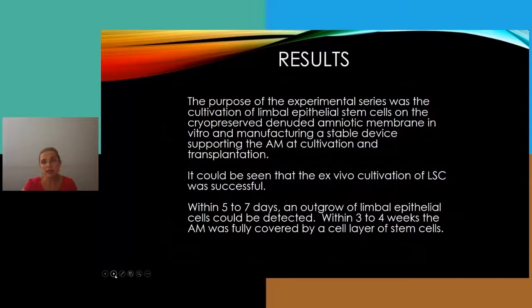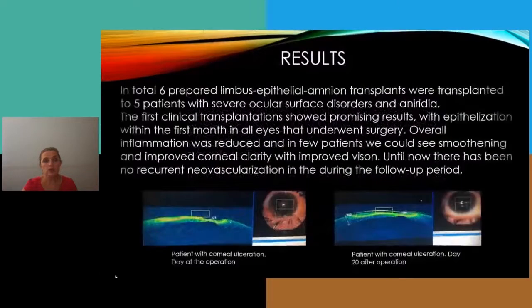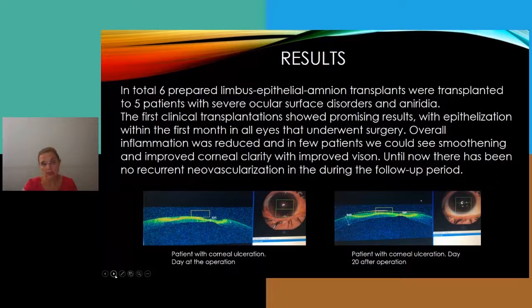And I must say that our initial results are extremely good, and we actually managed to transplant 5 patients with aniridia with 6 limboepithelial amnion transplants. And on the OCT picture here, you see one of our patients.